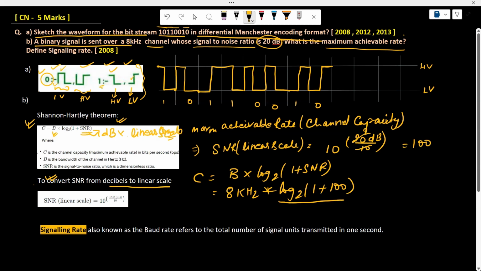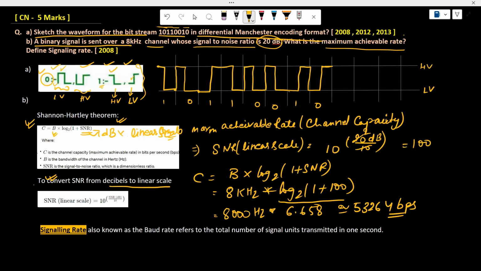This value is nearly around 6.658, and this is 8000 hertz, which is equal to 53264 bits per second.